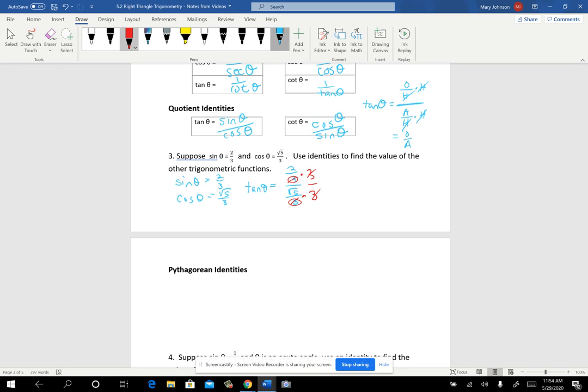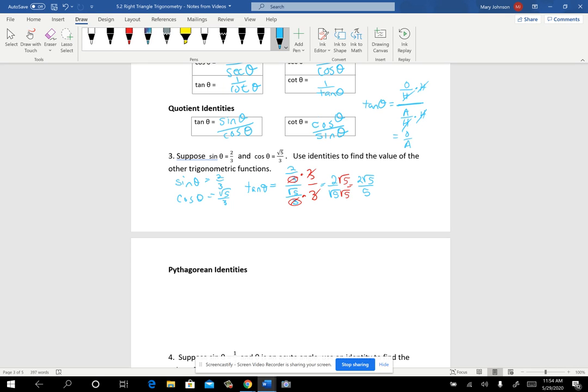And then we can see that tangent theta would be 2 over square root of 5, but we can't leave it that way. So we go in and we rationalize the top and the bottom, and we wind up with 2 square root of 5 divided by 5. So tangent theta equals 2 square root of 5 over 5.